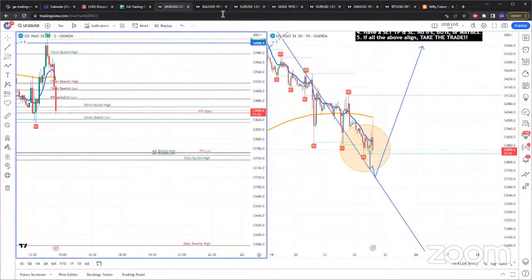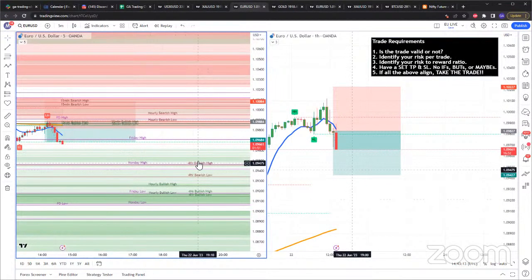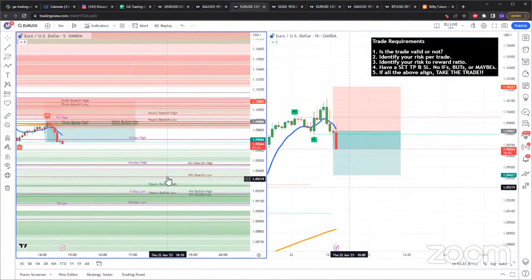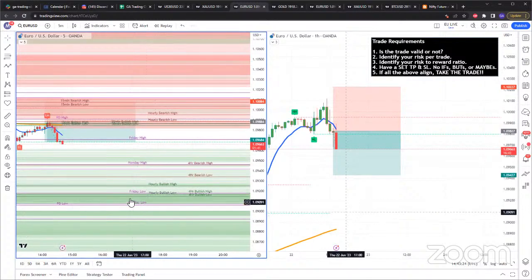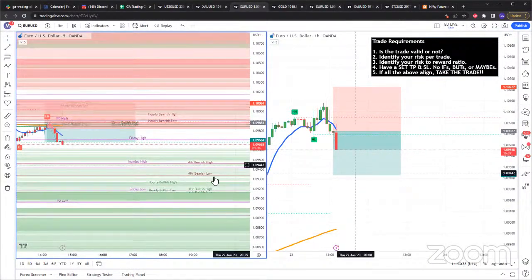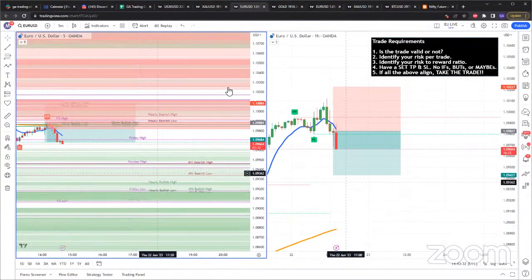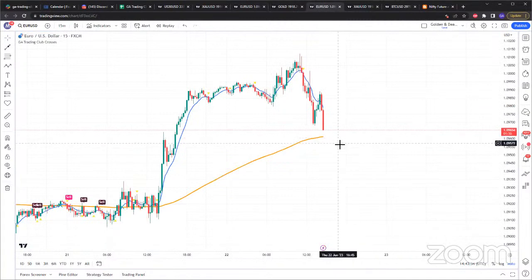Also looking at the zones down there for EU, we have a bunch of buyers. As much as we have a 4-hour bearish OB, we also have a 4-hour bullish OB. So for me, those two cross out. What I'm looking for on EU right here, we have an hourly bullish high and low, and we have buyers sitting down here. So to me, EU might reverse around the 1.09 area, and this cross right here.